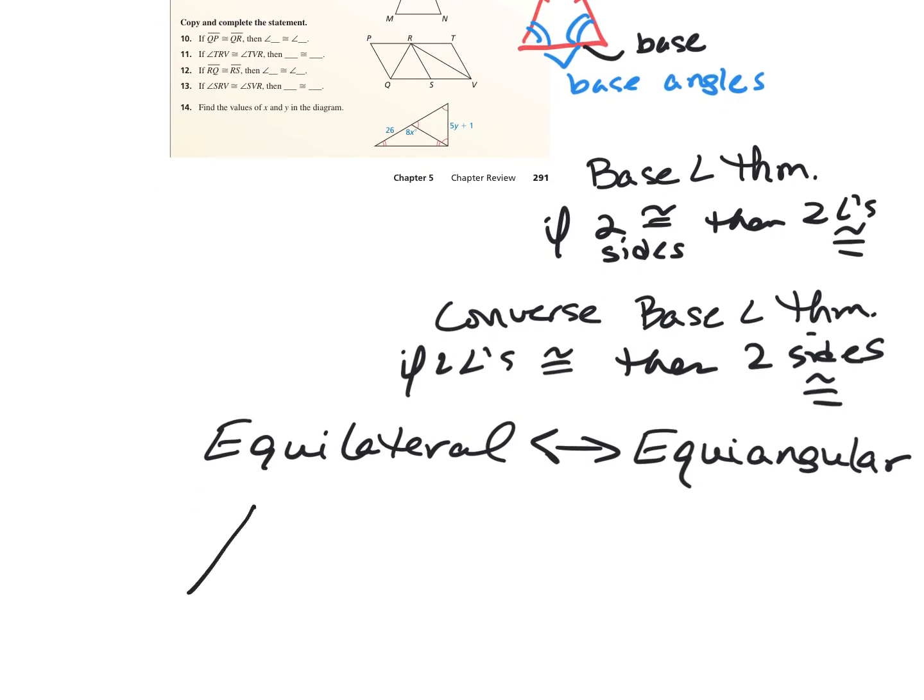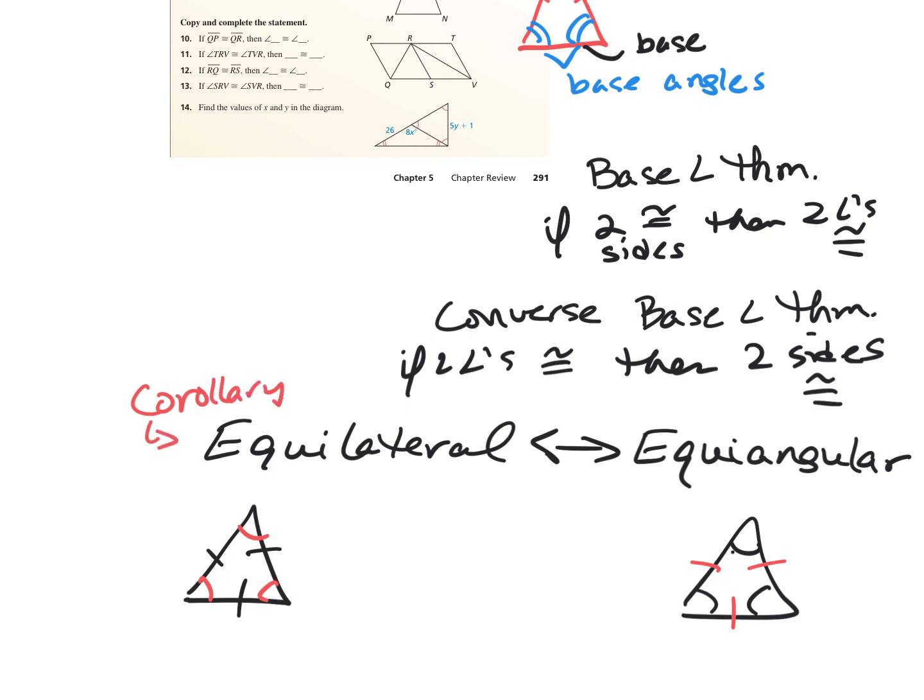So they'll give you pictures like this. If they start out with congruency marks on all the sides, then you know all the angles are congruent. Or if they start out by saying that all the angles are congruent, then you can go back and say all the sides are congruent as well. So that's all that corollary stated. But again, you're not going to have to identify if it's a corollary. Be able to apply it if you're looking for a missing side length or a missing angle.